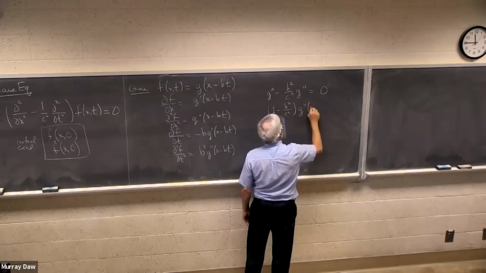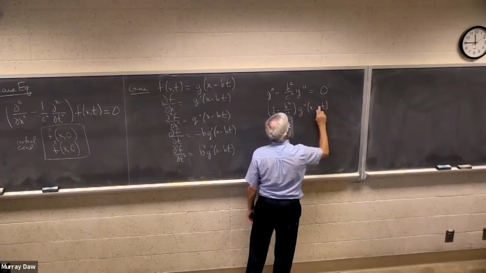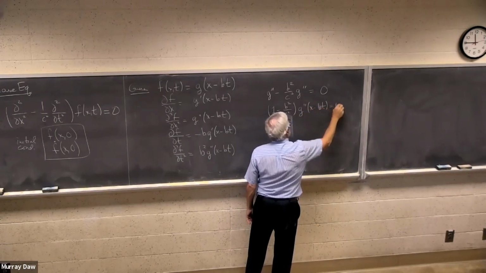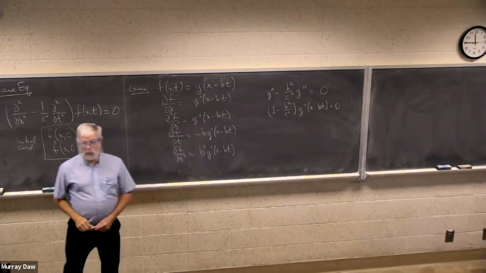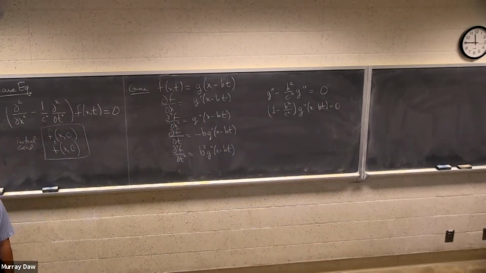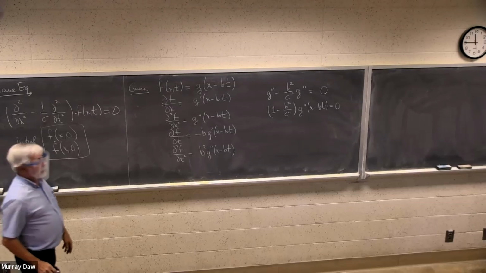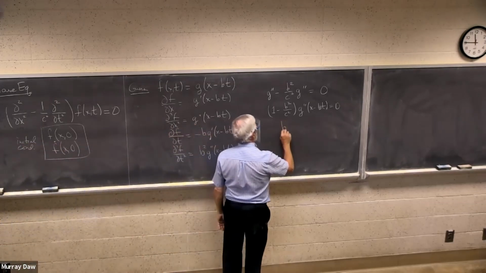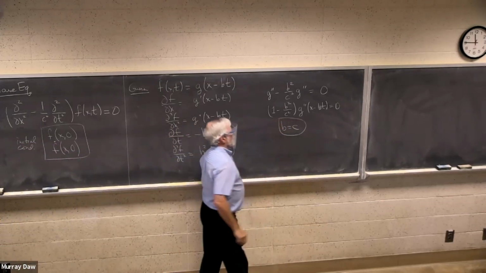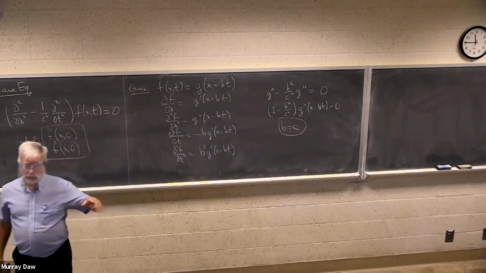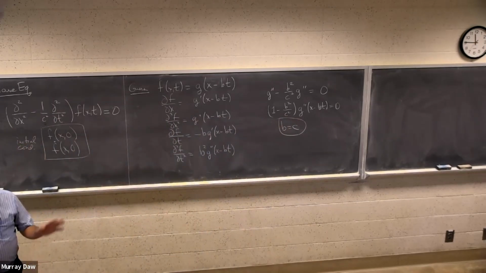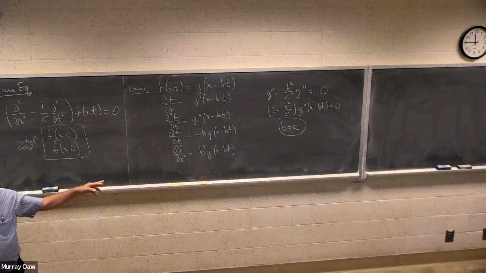Now this can be a solution for any g whatsoever, as long as what's in the parentheses out front vanishes. In other words, as long as b is equal to c. And we have another one where b is minus c, but I'm going to talk about what that means later. I'm just going to pick one of them. But this would be a solution, right?